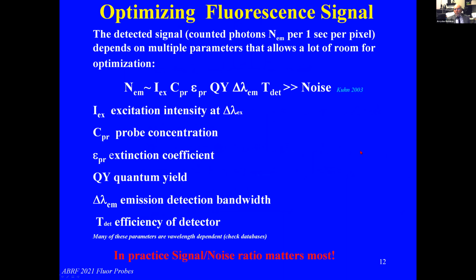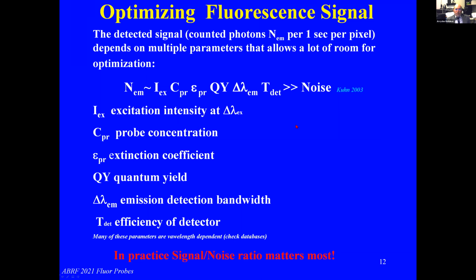Now, speaking about the final result, we would like to get the strongest fluorescent signal. As this formula shows, it depends on excitation, probe concentration, probe absorption, probe quantum yield, and detector properties such as emission bandwidth and efficiency of detection.